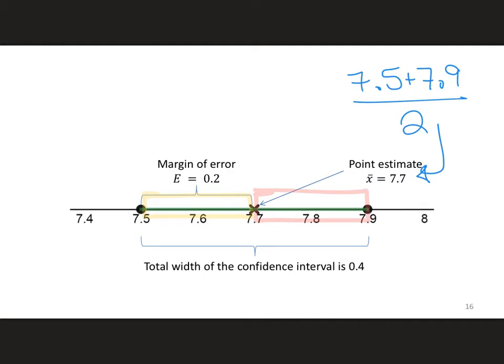You can find a margin of error if you do your upper endpoint minus your lower endpoint, 7.9 minus 7.5, divided by 2. That would give you your margin of error. And from the lower endpoint to the upper endpoint, that is the total width of your confidence interval. If you do 7.9 minus 7.5, you get 0.4.